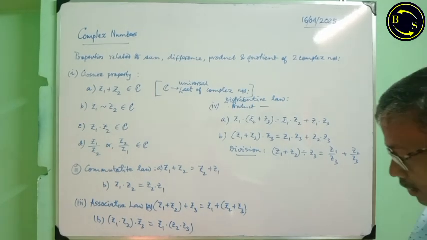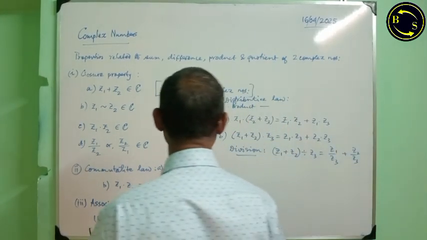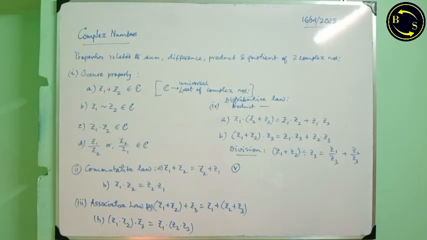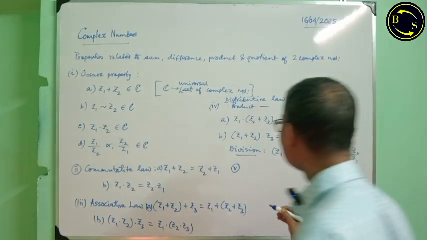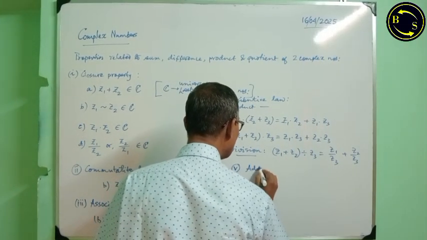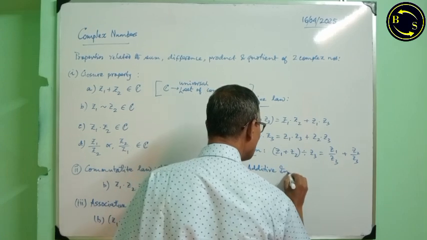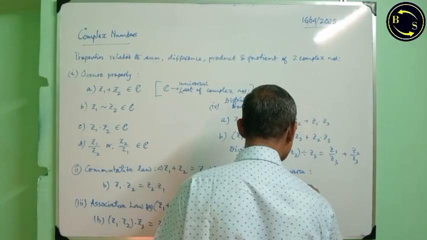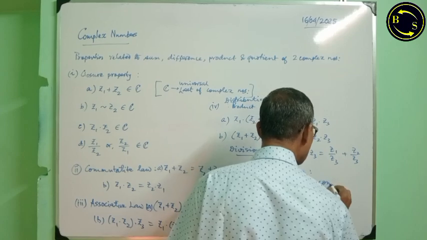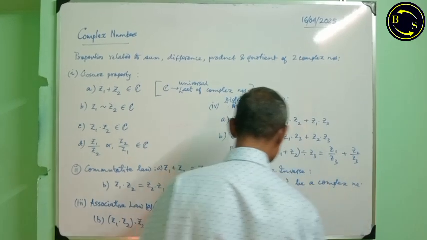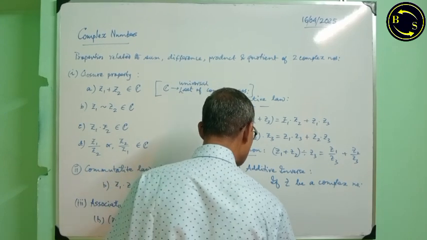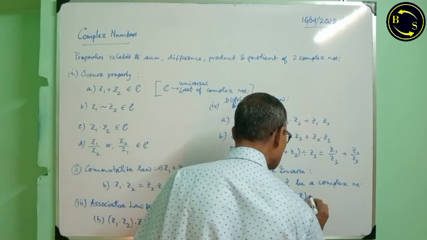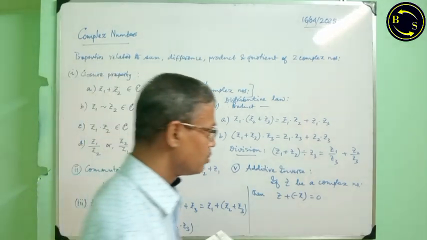Then number 5, additive inverse exists. Means if Z be a complex number, then Z plus negative of Z will give the complex number 0.